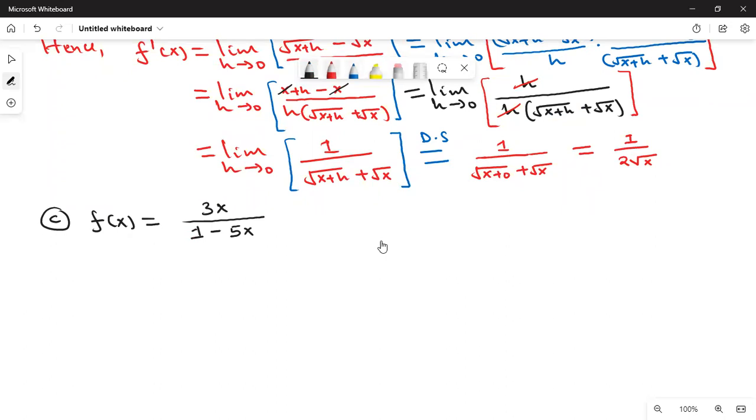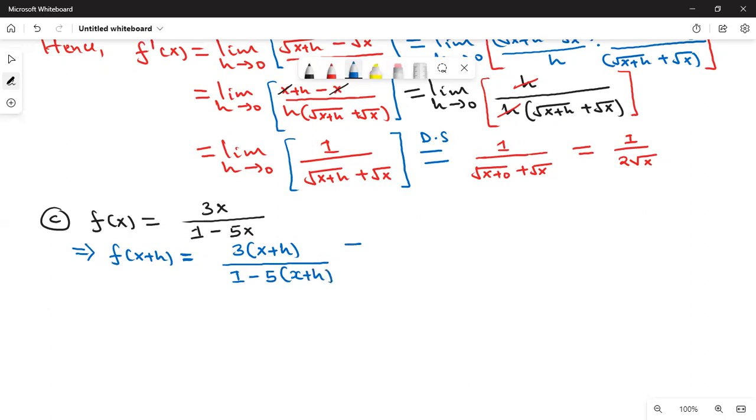So again, as usual, let's get f of x plus h. It means where there is x, you are going to put x plus h. So this will give us 3 times x plus h divided by 1 minus 5 into x plus h.